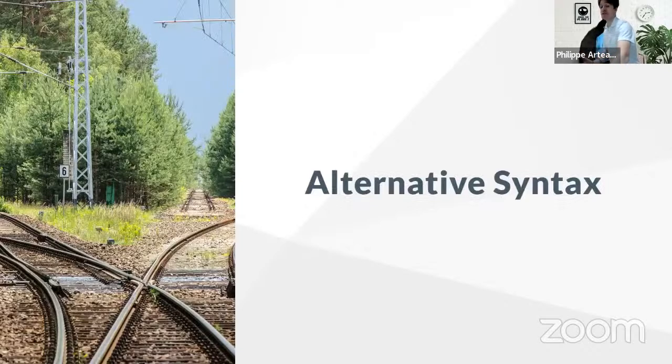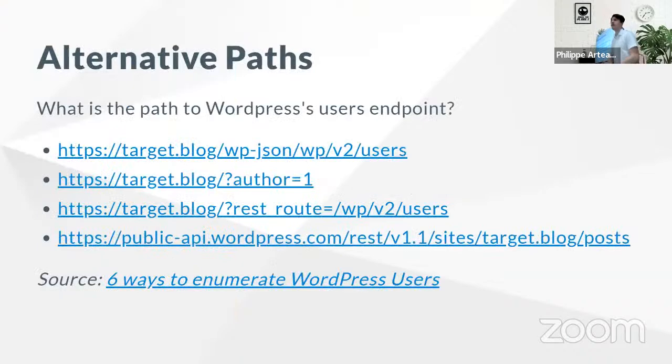The first technique you'll see is maybe too obvious or too simple, but often people forget about it. If some specific path, parameter, or keyword is blocked, the first step should be trying to find an alternative. An example of this is on WordPress.